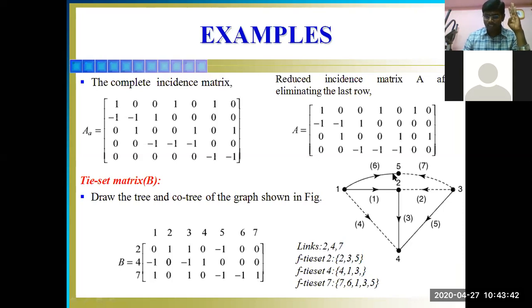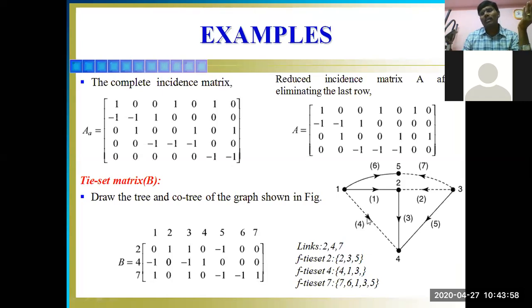So here I have taken 5, 3, 1, 6 as the twigs of a tree. You can take any combination.